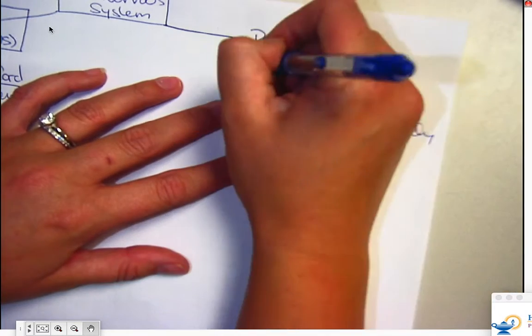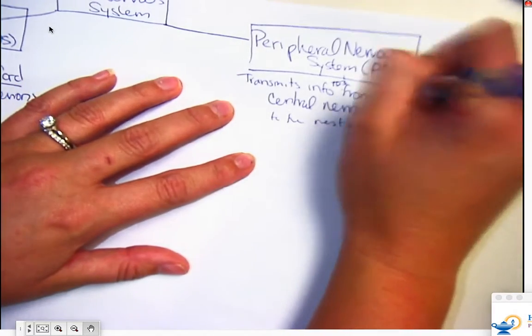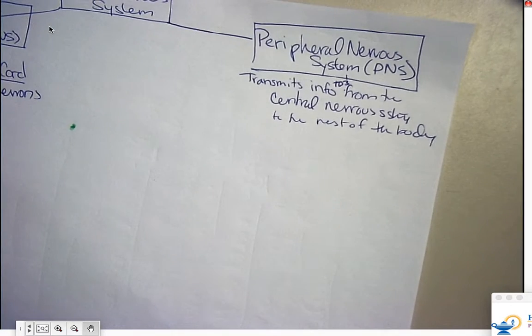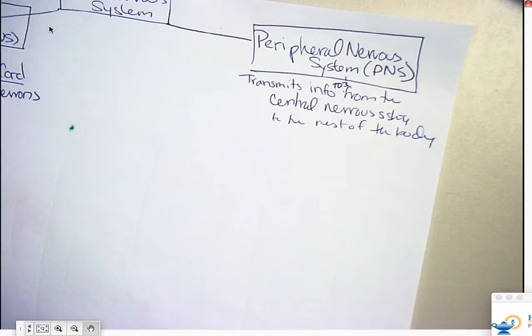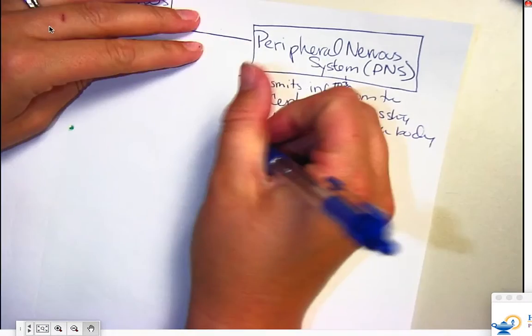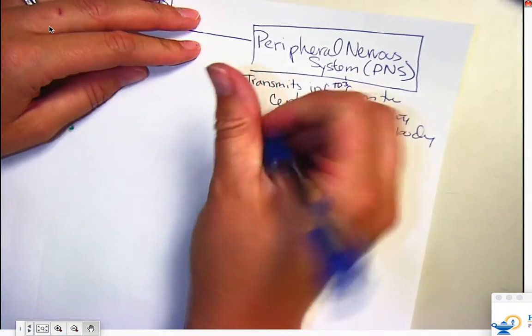So that's pretty much everything we just covered a few seconds ago. Can we agree? Now the peripheral nervous system breaks down into two separate sections.